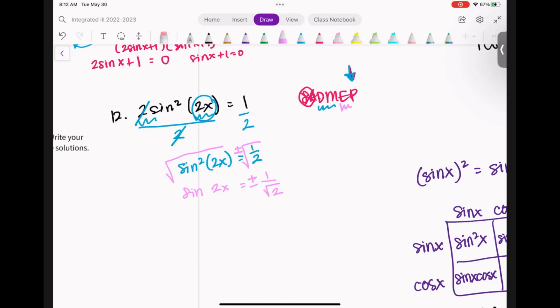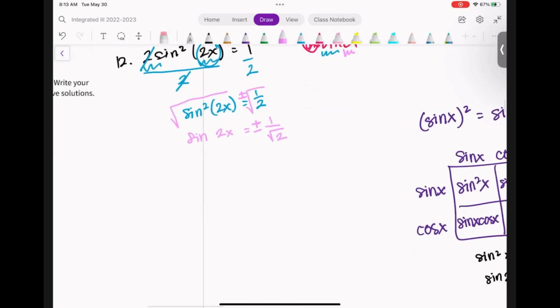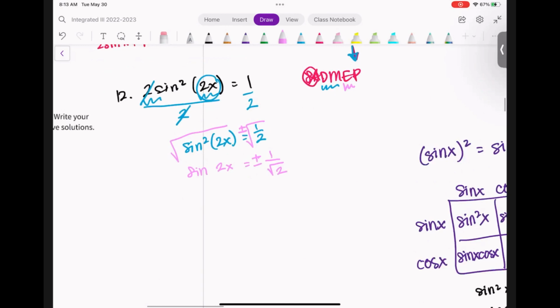So you, as the mathematician, need to remember that whenever you square something, the thing that goes inside can be either positive or negative, and the output will be positive. That makes sense. So just don't forget, whenever you choose to take the square root to solve an equation, you also have to remember plus or minus.